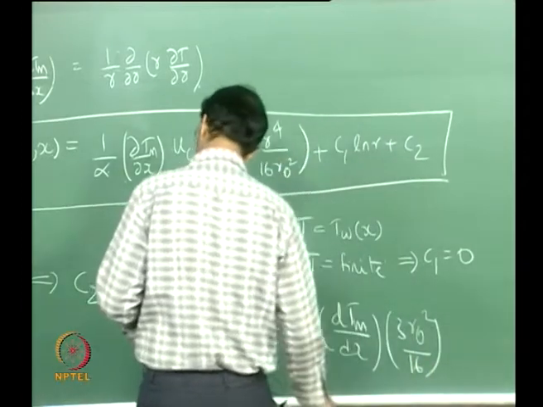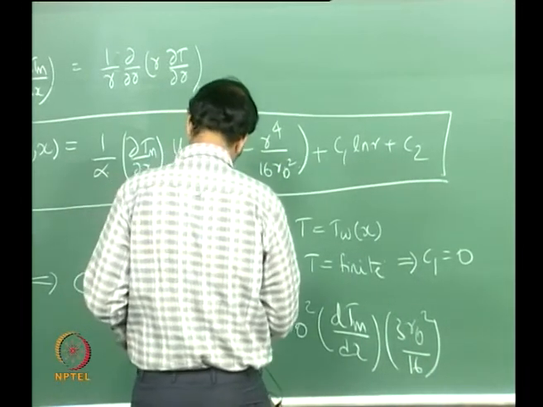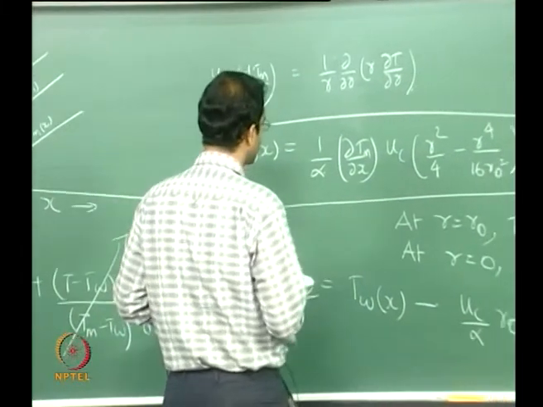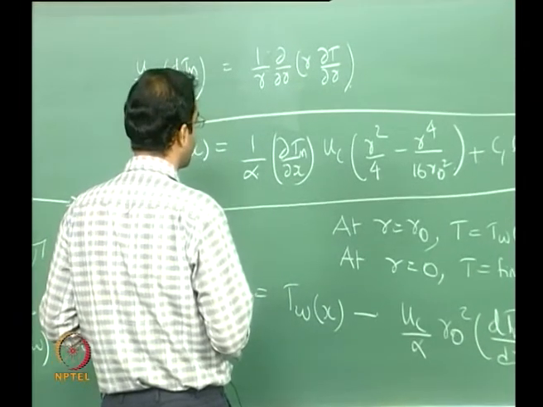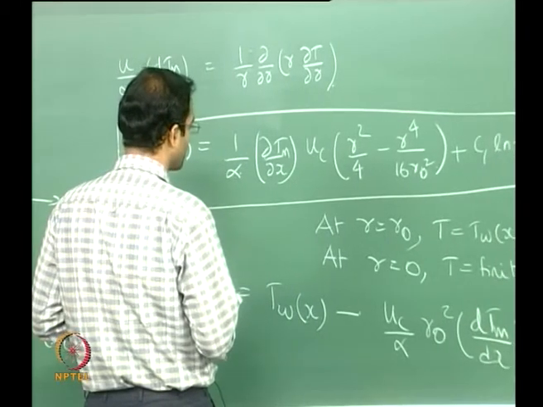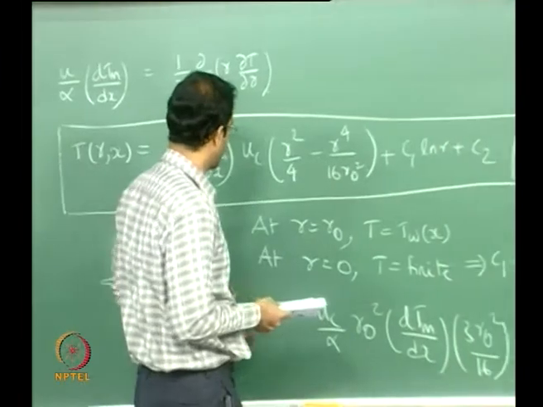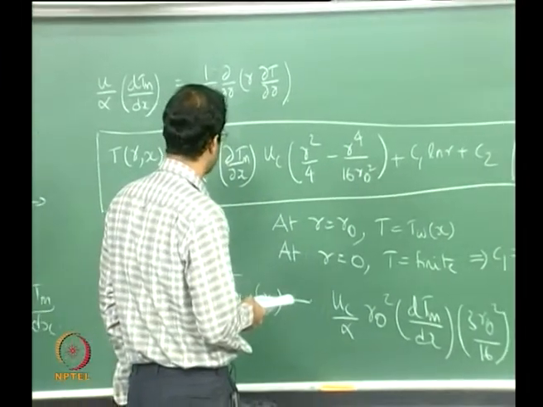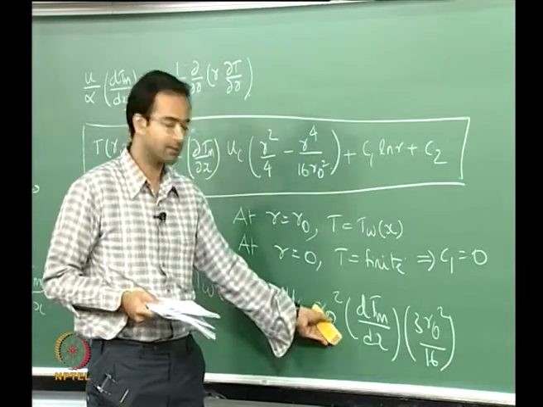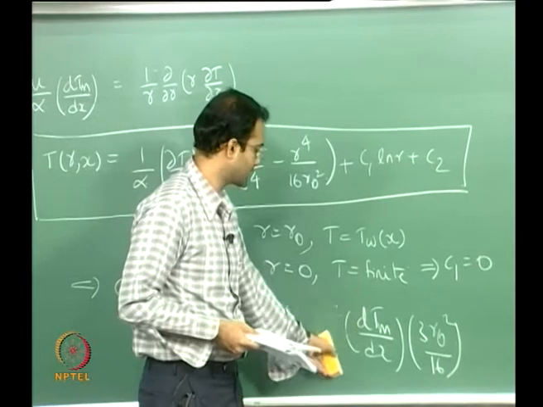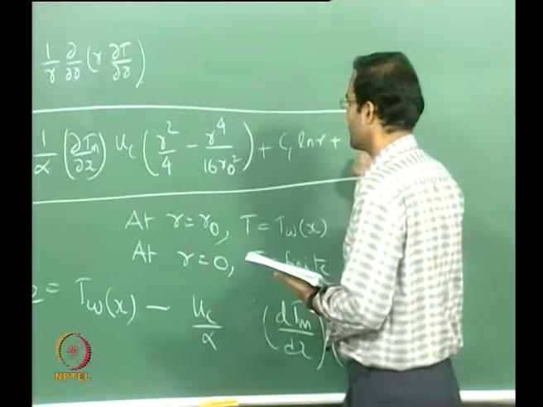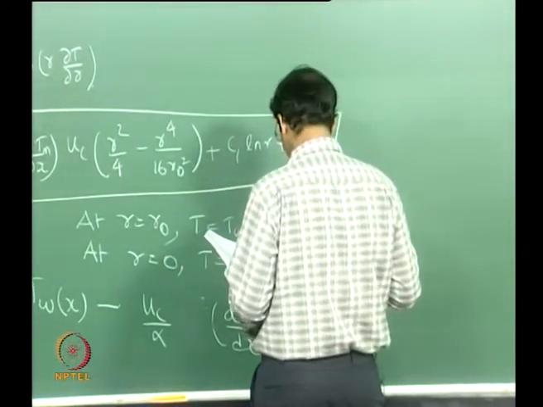I think, can you just check if this is correct? This is T_wall minus Uc by alpha r₀². I think this r₀² should not come here, right? So it is just 3 r₀² by 16. Okay, so this is your C2.